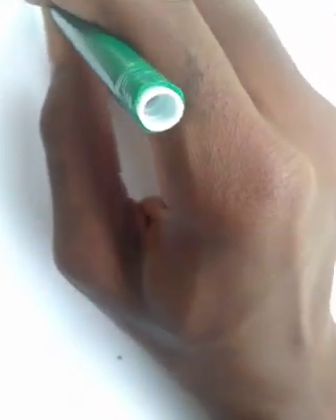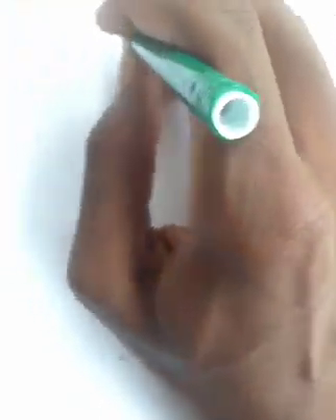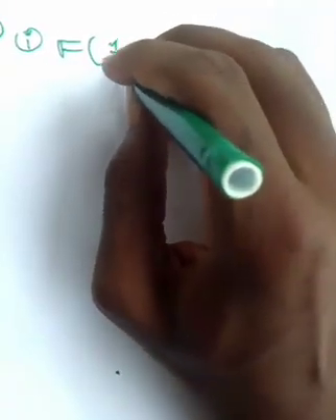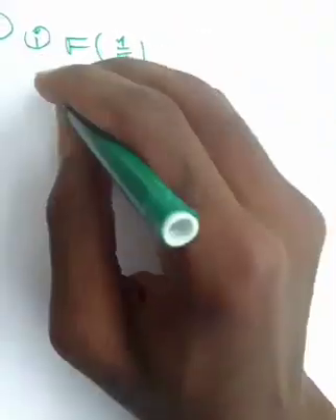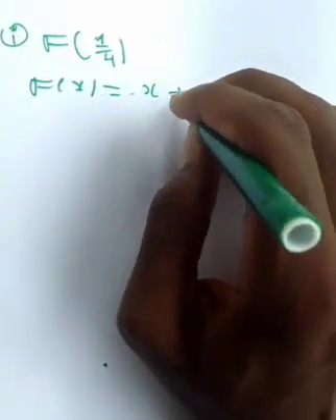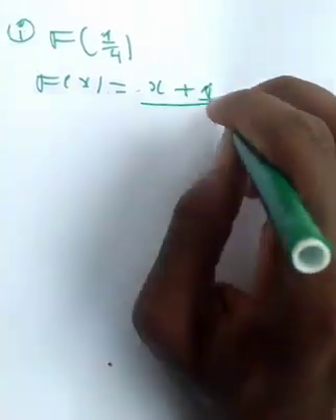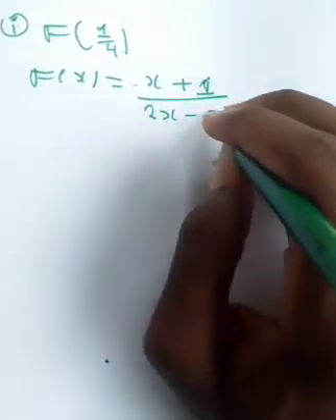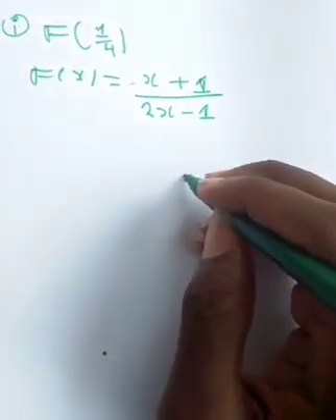Alright, so we have f of 1 over 4. So we say f of x is equal to x plus 1 over 2x minus 1. Right?